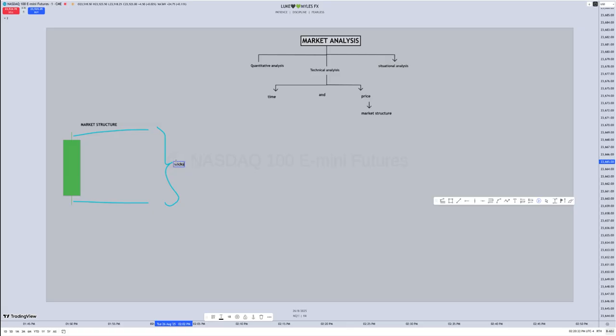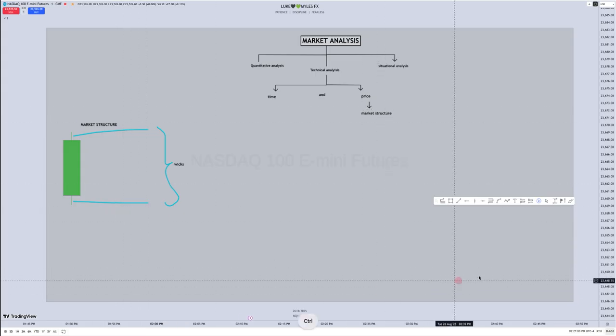Wicks represent where the price of a commodity reached at a certain time. So this wick shows that the price of this commodity reached that level at a given time. I'll explain that further, but those are called wicks.